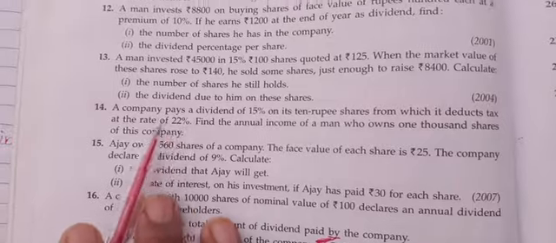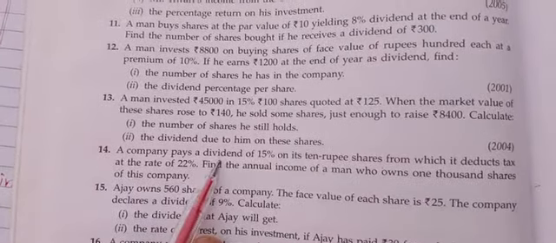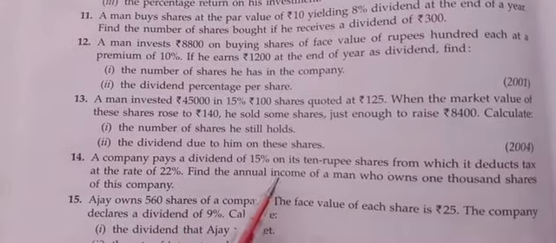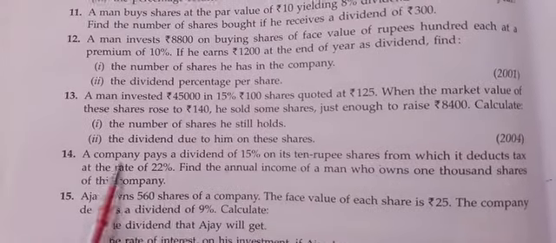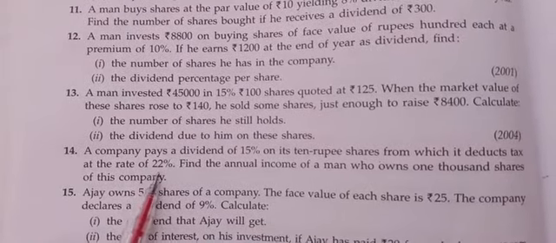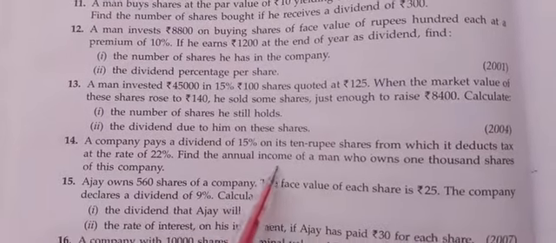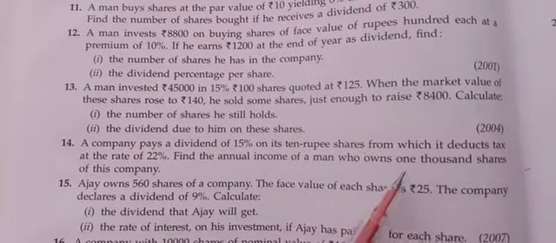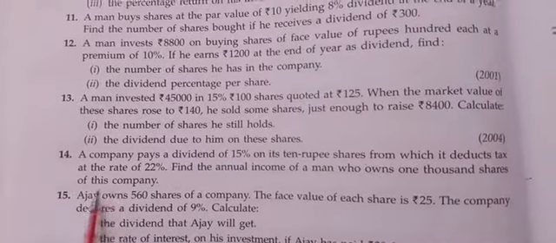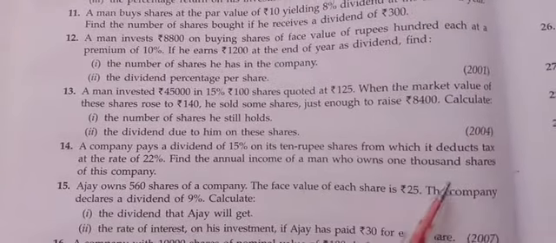The company will give dividend, but whatever is the earning of the person, the company will also deduct tax of 22%. Find the annual income of a man who owns 1000 shares of this company. Number of shares is 1000.